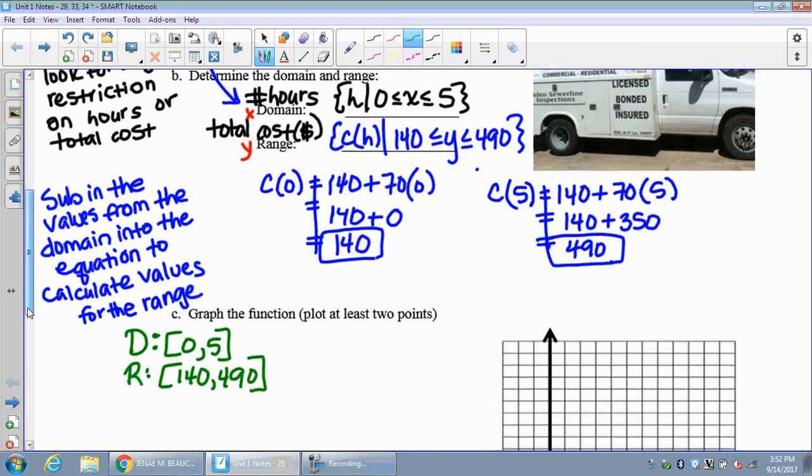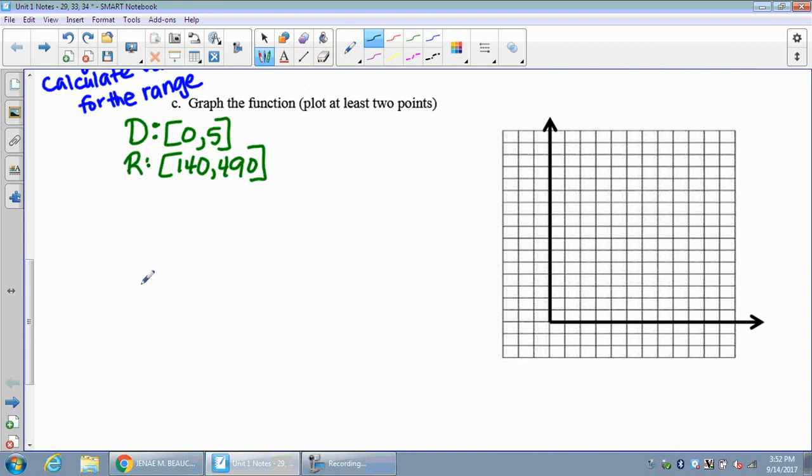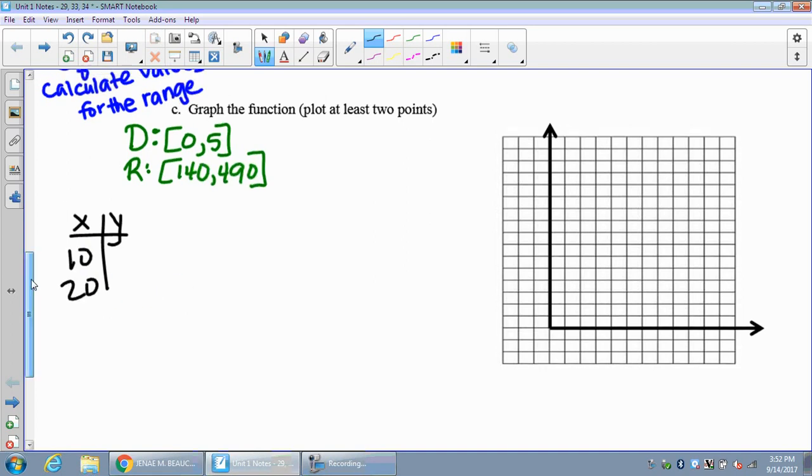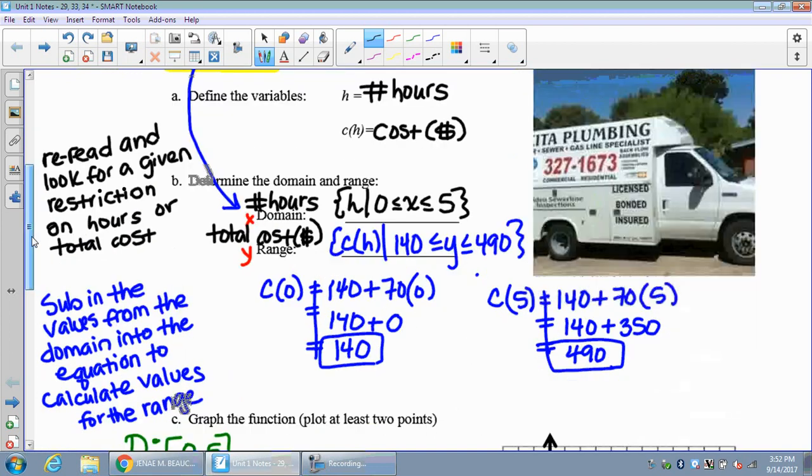We could, in theory, set up a t-chart like a table. We've got x, we've got y, and decide some values for x and decide values for y. Well, to decide values for y, we have to do some math, right? Like let's say I chose 10 and 20. I would need to plug in 10 and 20 into this equation to get out some y values.